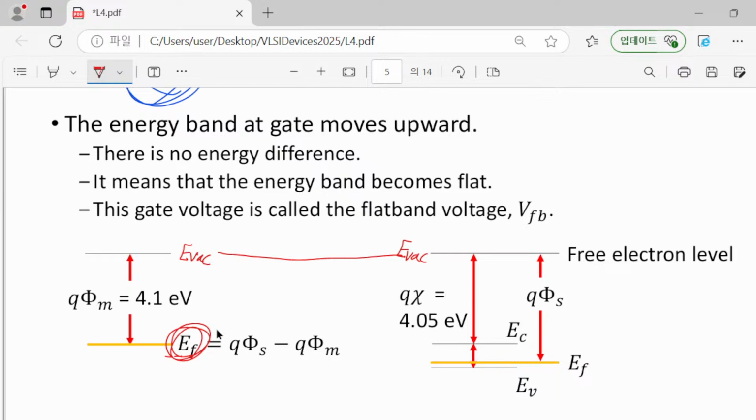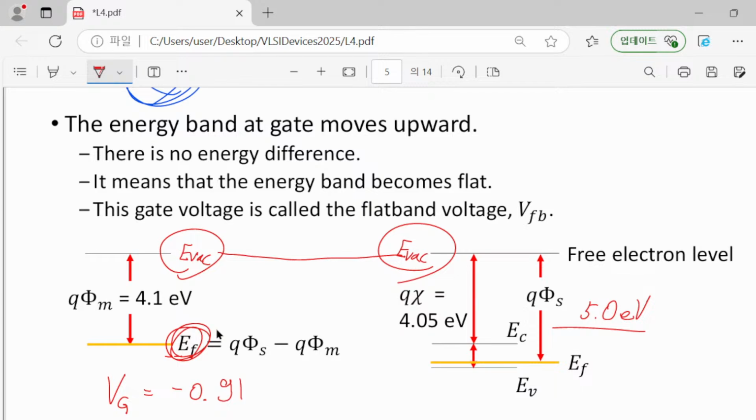Previously, let's say that there was a 5.0 eV in our case. Then how can we match these two vacuum levels? By applying your gate voltage equal to -0.9 volt, you can align them. So are you with me?